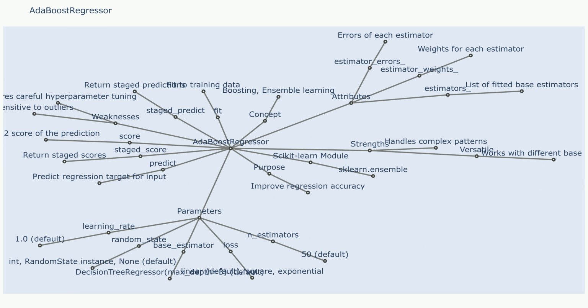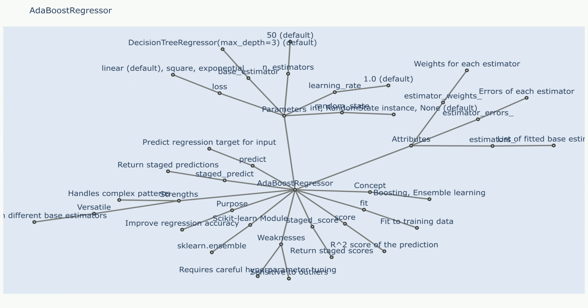param_grid: n_estimators 50, 100, 200; learning_rate 0.01, 0.1, 0.5. GridSearchCV(regressor, param_grid, cv=5), grid_search.fit(X_train, y_train).